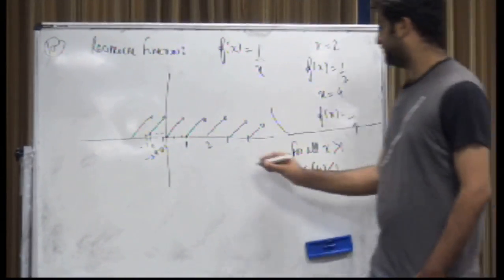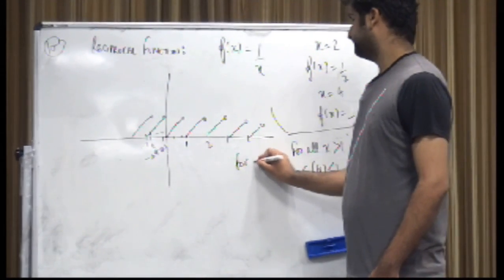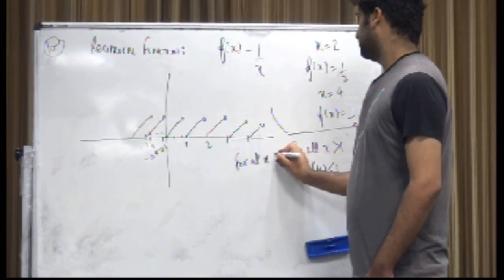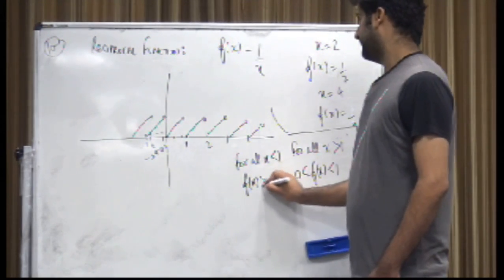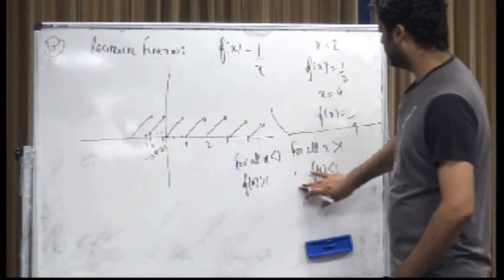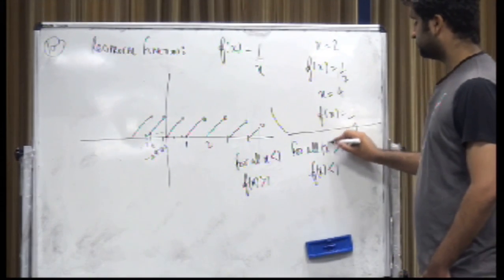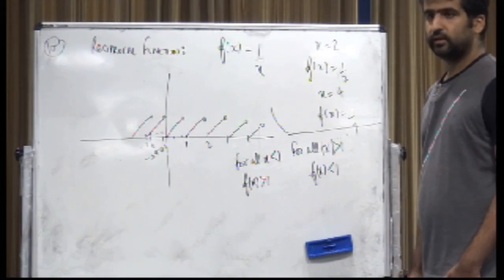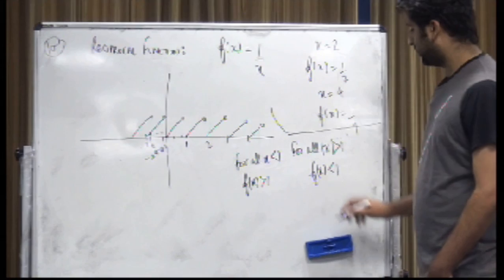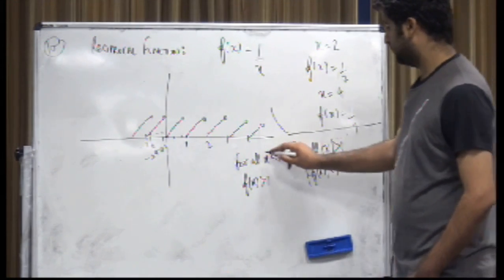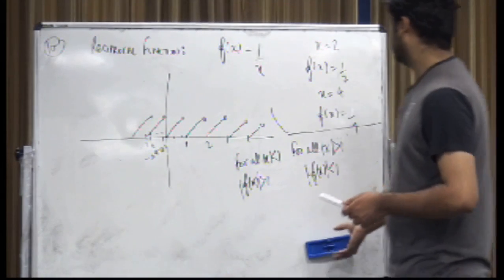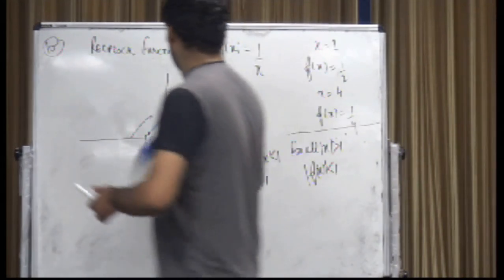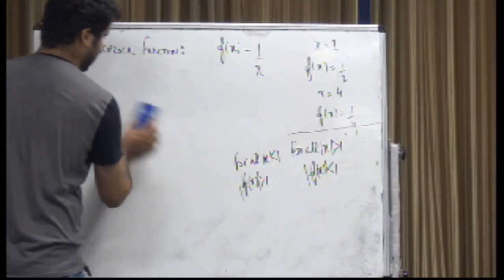And similarly for all x less than 1, f(x) is greater than 1. And this also applies for negative values, so that's why we can put mod here. So let's see the graph of this one.